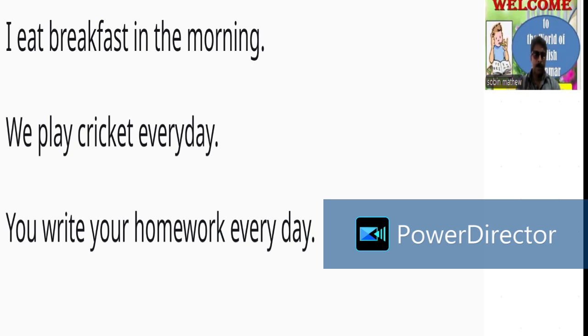"Can all of you see the sentence on the whiteboard?" All the students reply, "Yes, sir." "Then copy the sentence to your notebook." All the students copy the sentence to their notebook.